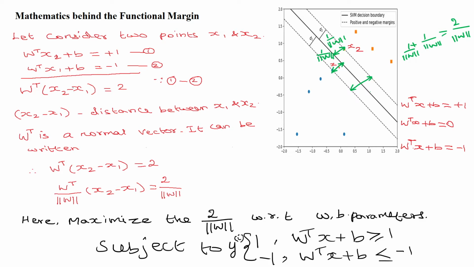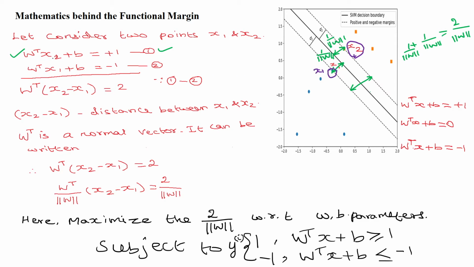Here it is mentioned in the mathematics: W transpose x2 plus b equal to plus 1 for the positive class, this support vector. Here we give the data points: this is x2, and this data point is x1.